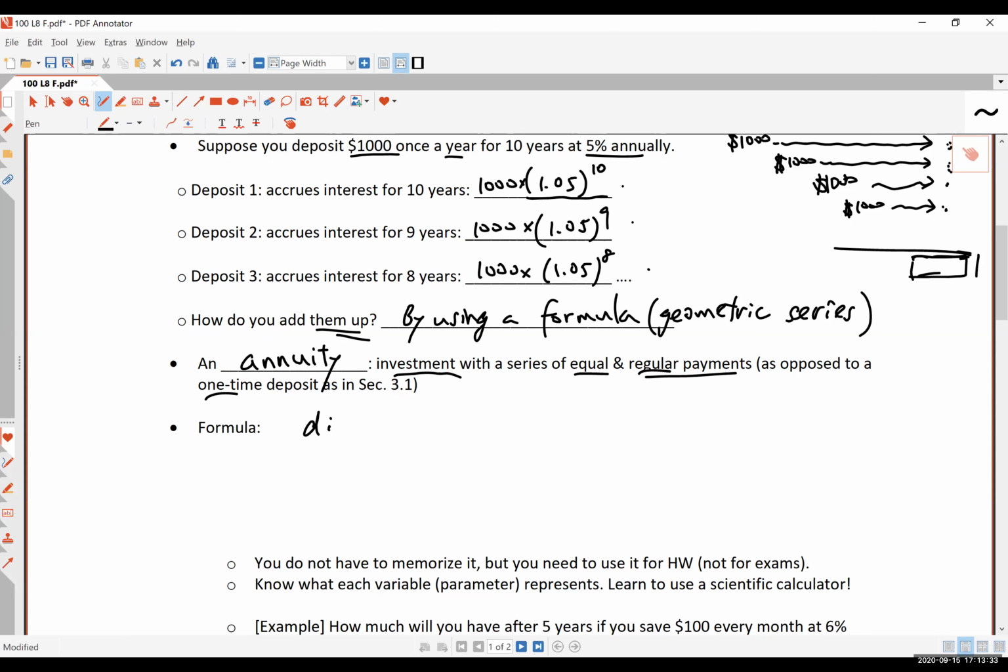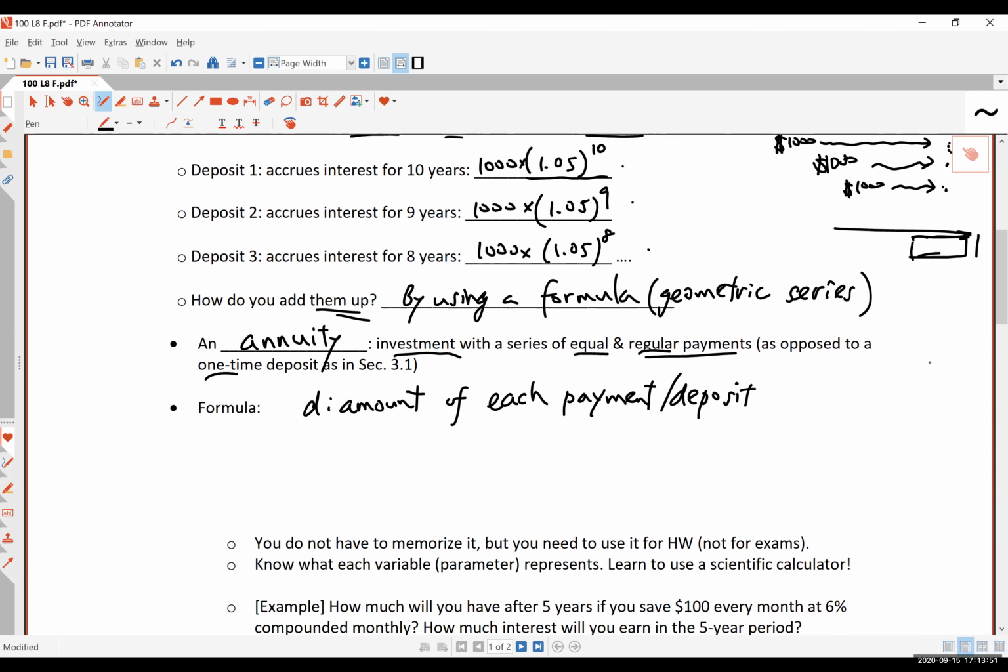Let's let d, lowercase d, be the amount of each payment or deposit. D stands for the word deposit. Okay, so D could be $100.